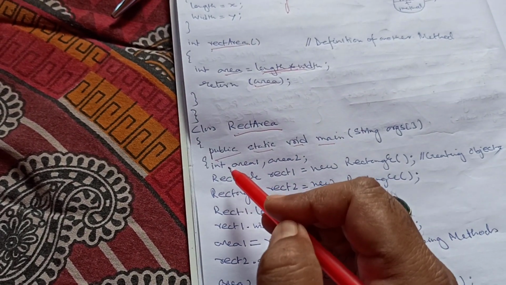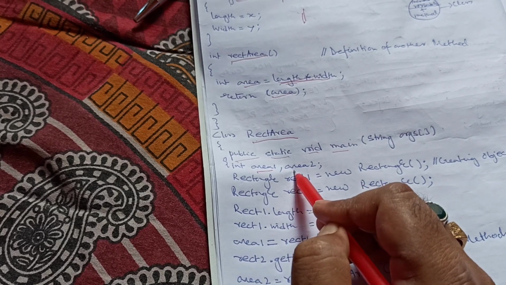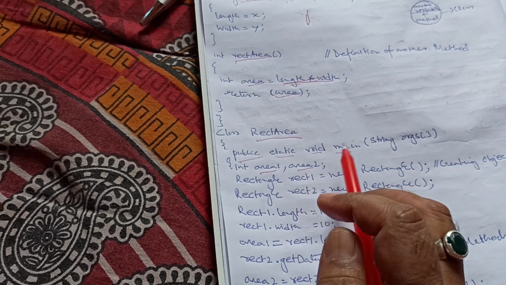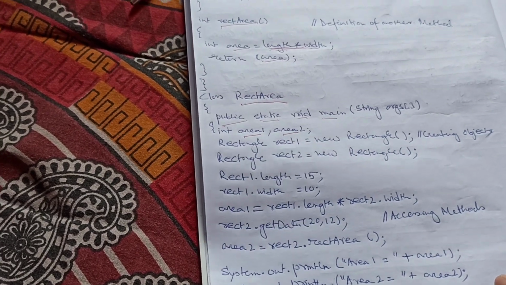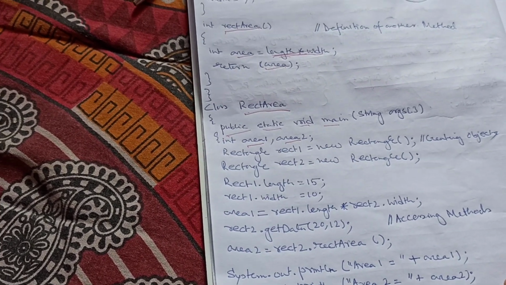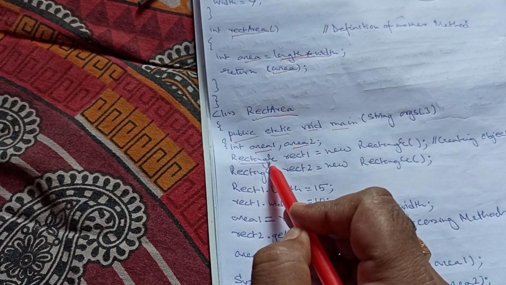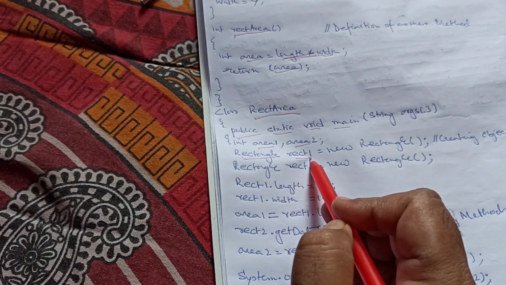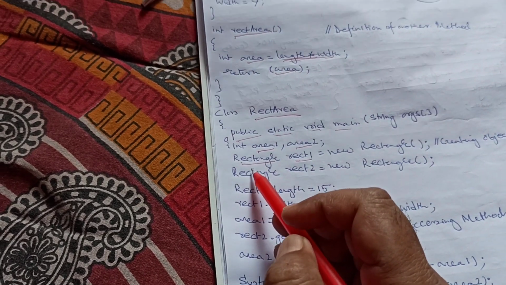So first we have declared two variables, area1 and area2. That means we are going to calculate two areas, one is area1 and another is area2. So first we will create the object rect1. How to create an object, I have discussed in the previous lecture.